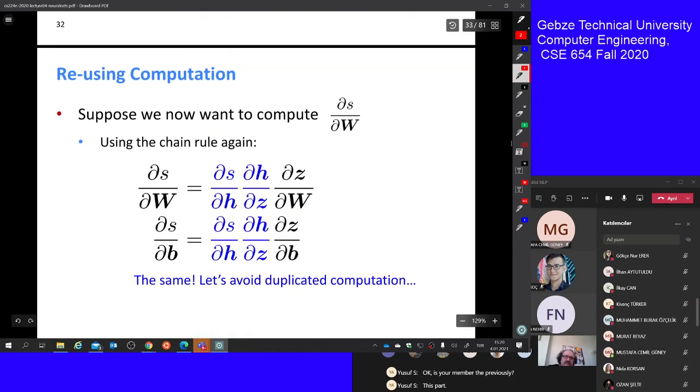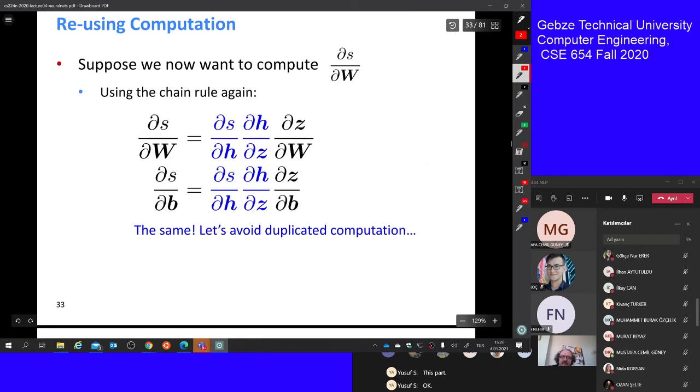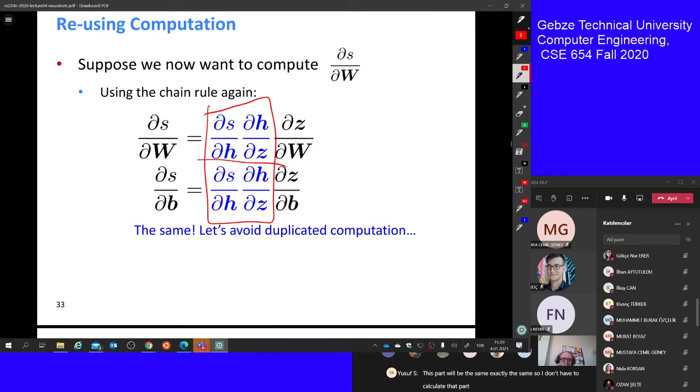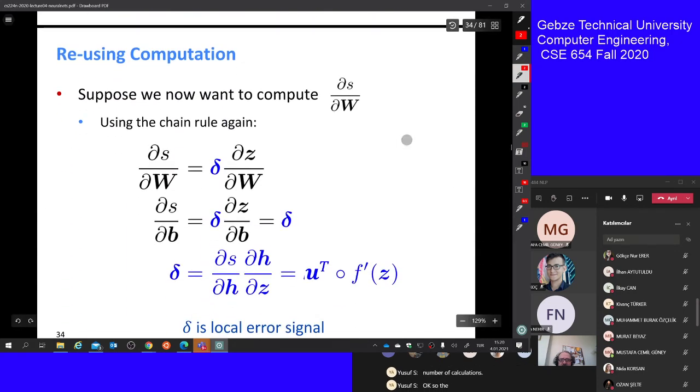So if I do this and do this, I see that this part will be the same, exactly the same. So I don't have to calculate that part. So if I keep them somewhere, I can use this trick to make less number of calculations. Okay, so we have to be smart in that case.